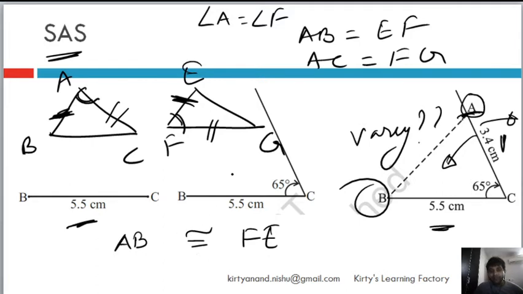And then similarly, last point is C, so last point is G. So in terms of congruence, triangle ABC is congruent to triangle FEG, which means angle A is equal to angle F, angle B is equal to angle E, and angle C is equal to angle G. So that's how we'll have to define it. So SAS: two sides equal and the included angle has to be equal.